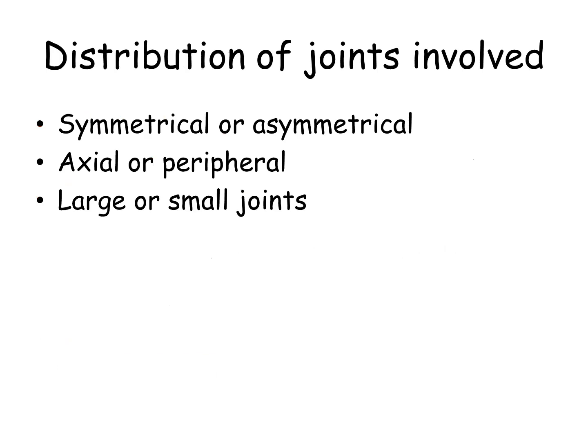Then the distribution of the joints, is it symmetrical, and both the small joints of the hands, of both hands are involved, या इधर का wrist, right side का wrist है, left side का elbow है, left side का knee है. So that would be an asymmetrical involvement of the joints.